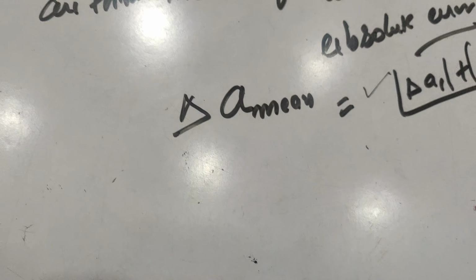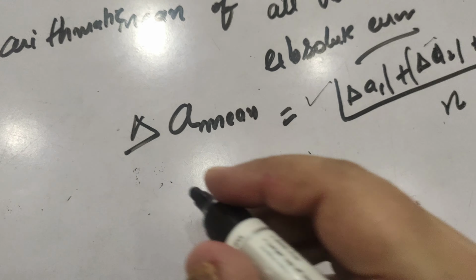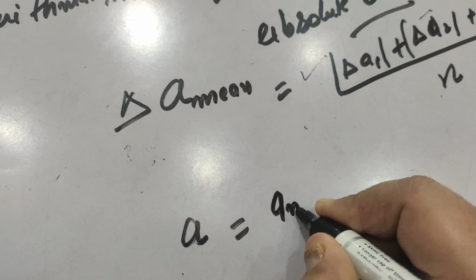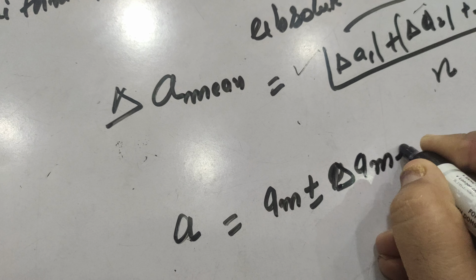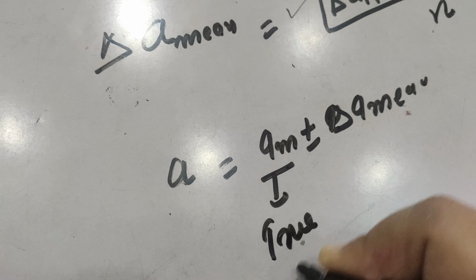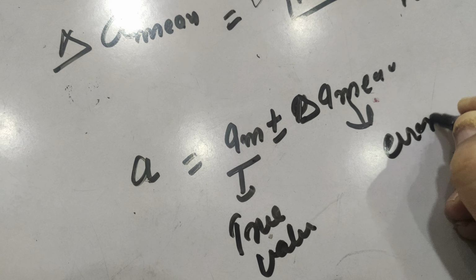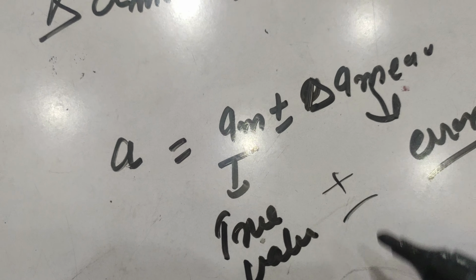For writing the final result of measurement, it will be written as a is equal to am plus minus delta a mean. Am means the true value, and delta a mean means the error. So any physical quantity will be written as true value plus minus error.